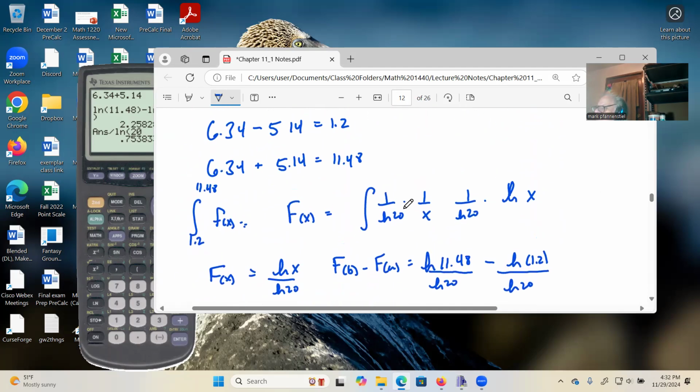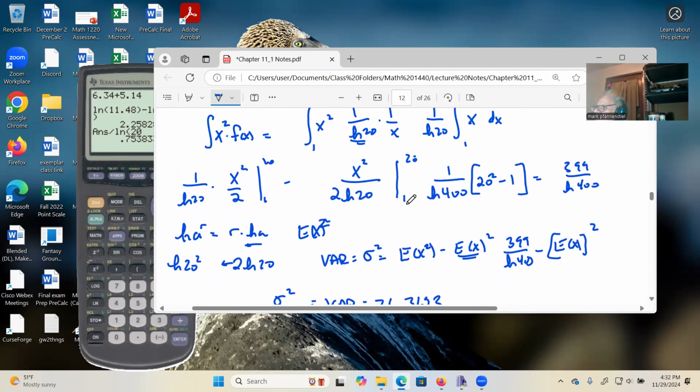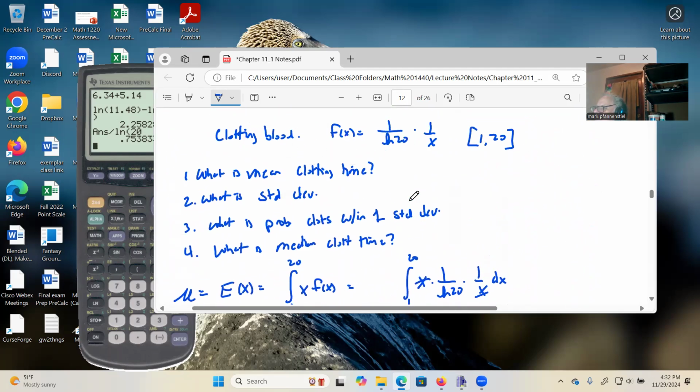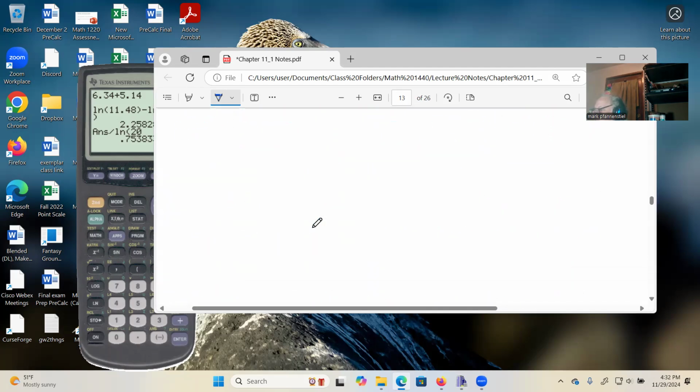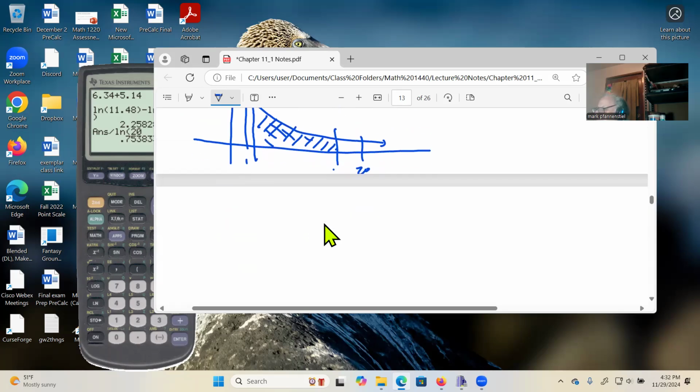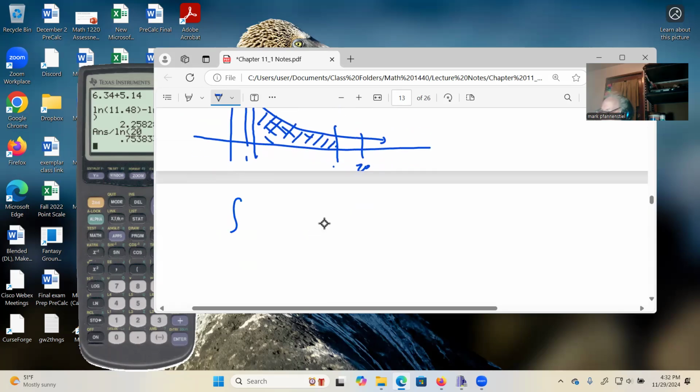All right. The next thing they had to figure out: we figured out the probability that was within 1 standard deviation. What's the median clot time? Okay. So what we're going to do is we want to integrate 1 to m of this f of x, and we want this to equal 1/2.